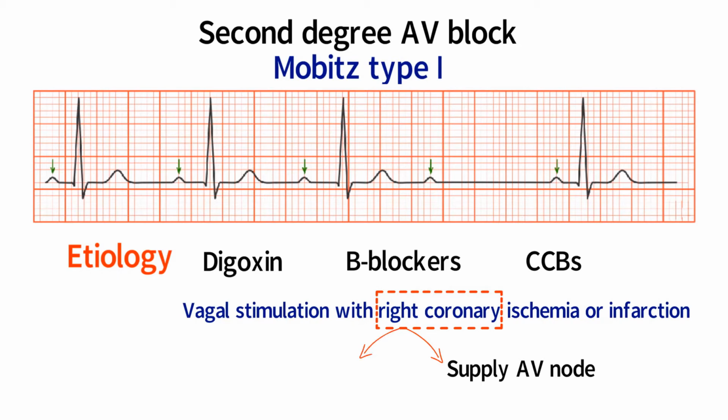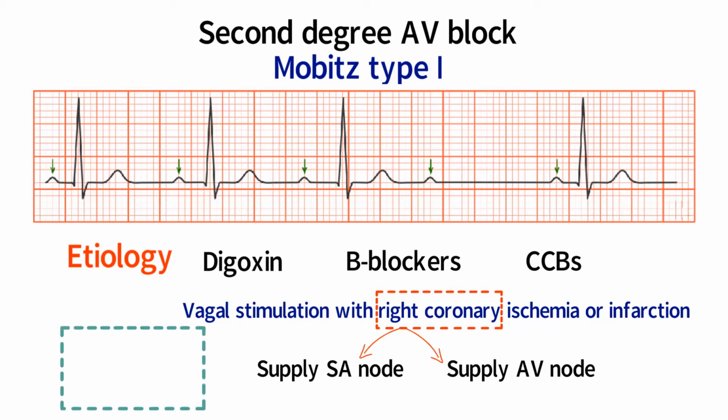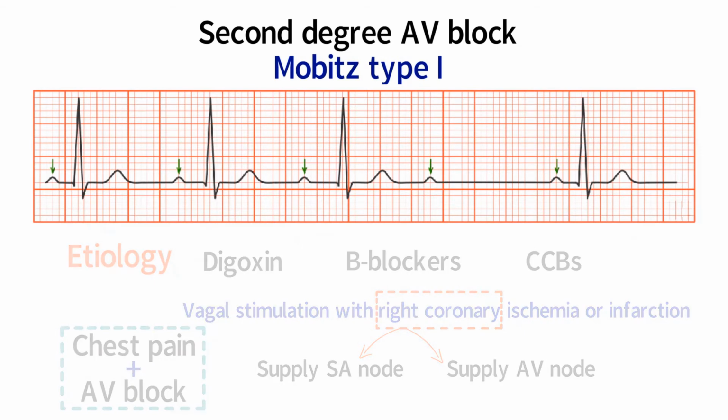Remember that we said the right coronary is supplying the SA node. That's true, and it's also supplying the AV node. So the patient can come with chest pain and AV block. If this happens, you should suspect that this patient is having right coronary artery occlusion.